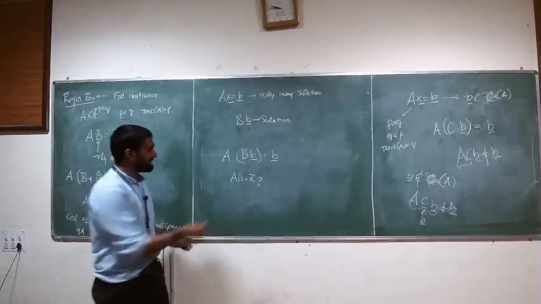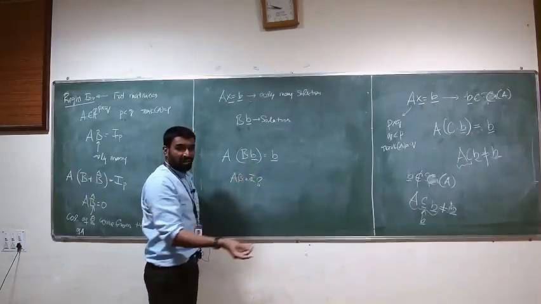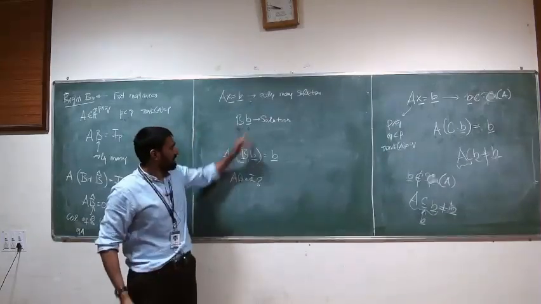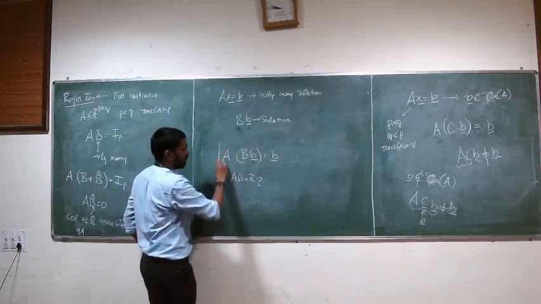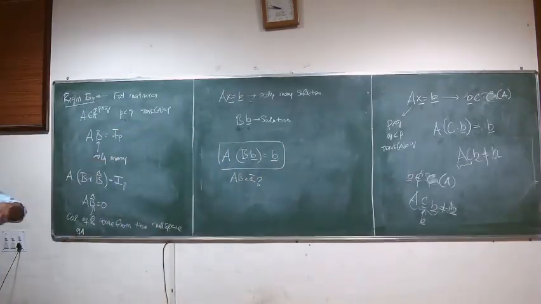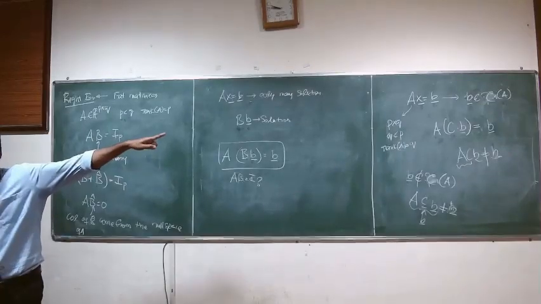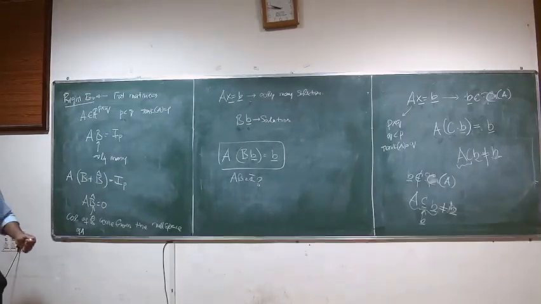This is always I, so it doesn't matter what B you have. That means this is always true. Whereas in the left inverse, you had to have that special condition where b belongs to the column space of A.